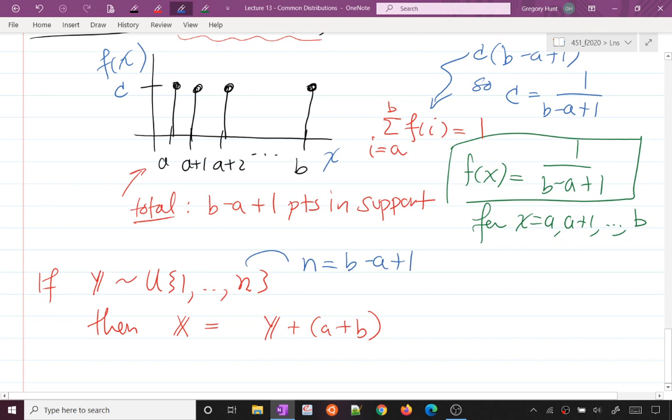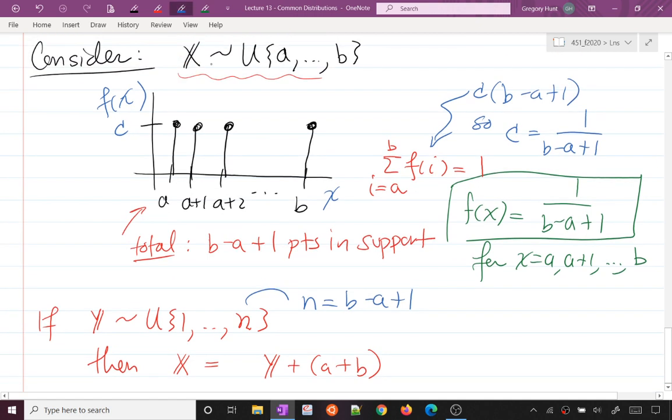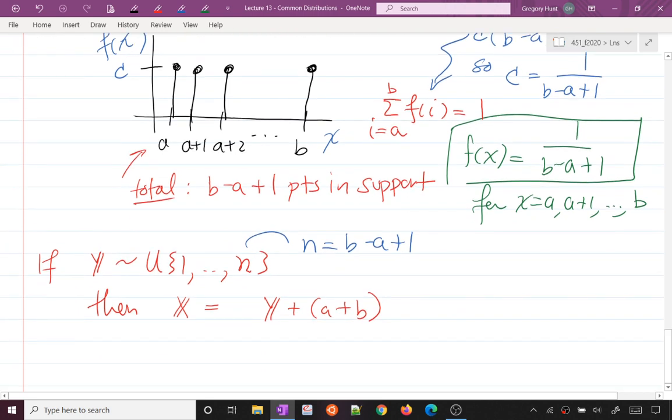So if y is distributed from 1 to b minus a plus 1, we could make x distributed uniformly between a and b by taking y and adding, not a plus b, we'd add a minus 1. So it'd start at 1 plus a minus 1, so it'd start at a, which is what we wanted.